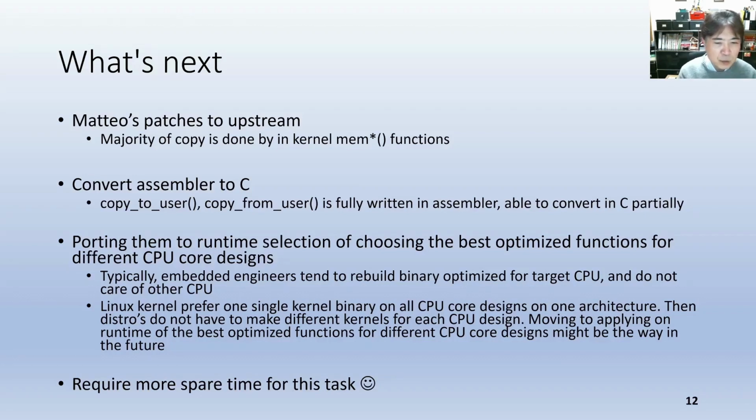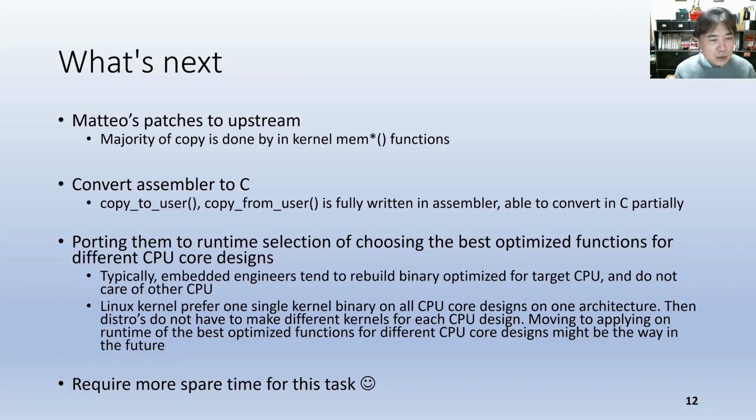The copy function is probably the main one. Other places in the kernel require many tiny optimizations, but the copy function could have a dramatic impact. So it's very important to have an optimized copy function.